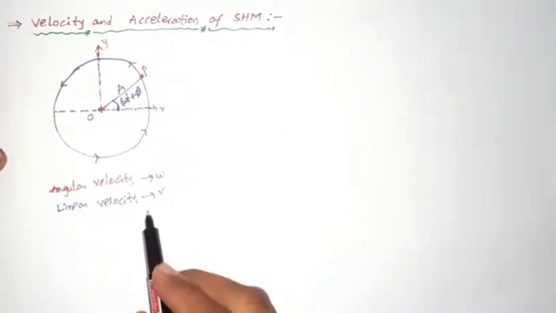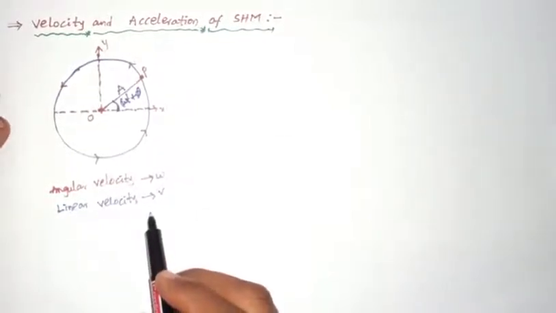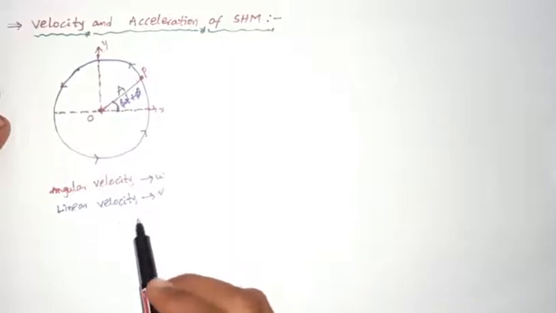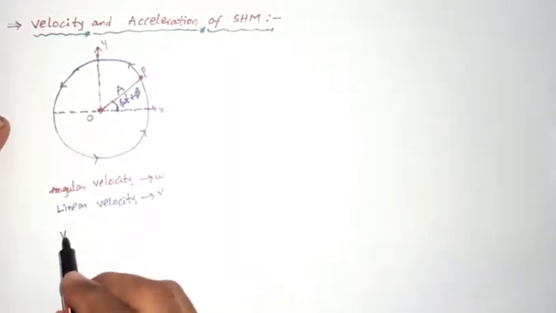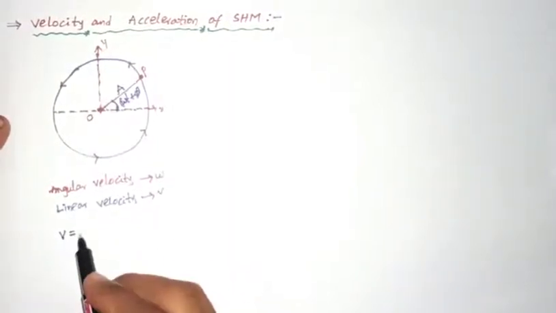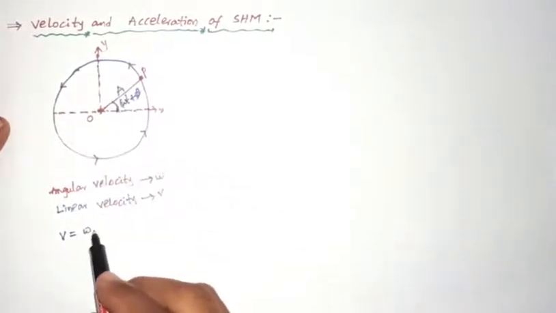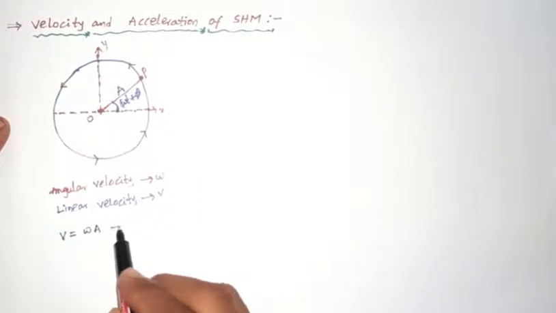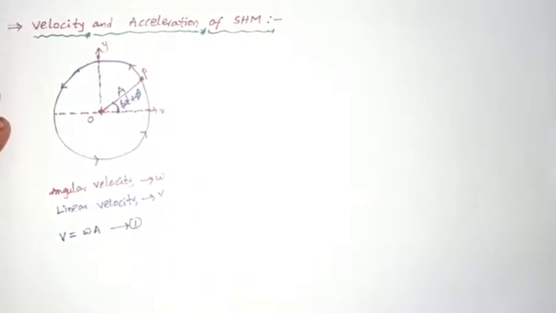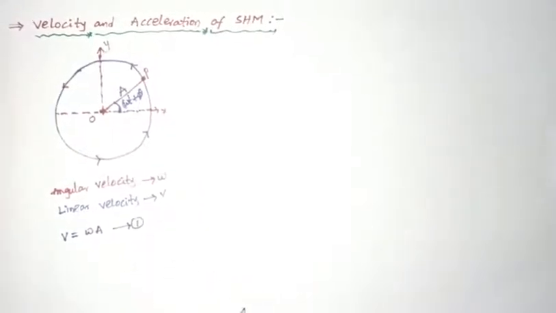So the relation between the angular velocity and the linear velocity is: linear velocity v equals angular velocity times radius, that is omega A. So this is equation number 1, v equals omega A.